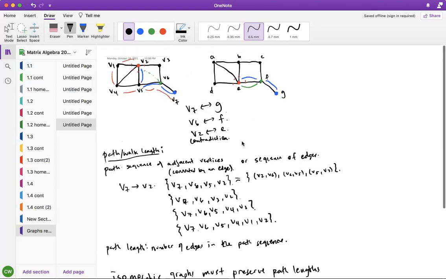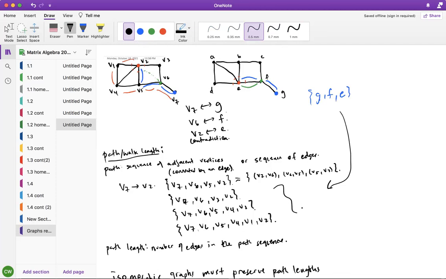So all these paths that we constructed from V7 to V2, under some correspondence of vertices, must also be a path between G and E. So maybe one of them doesn't work. Well, we know one of them doesn't work, right? There is no length 2 path. The path that says G, F, E, there is no path that corresponds to that path. So that's another way of seeing the contradiction.